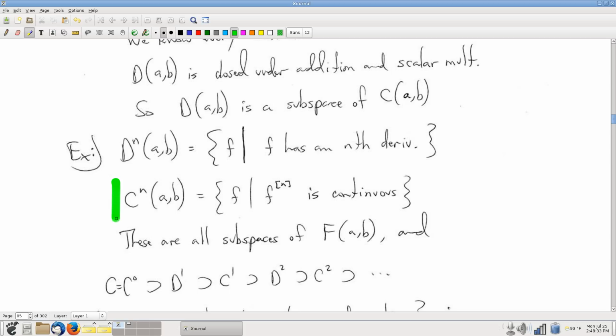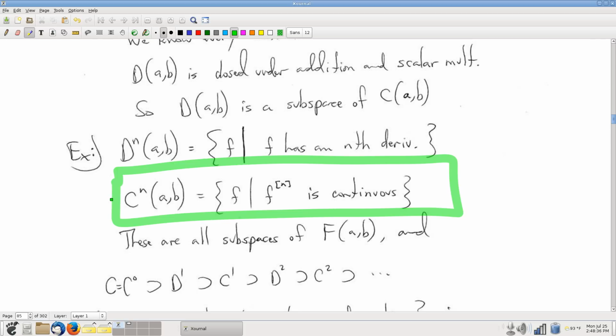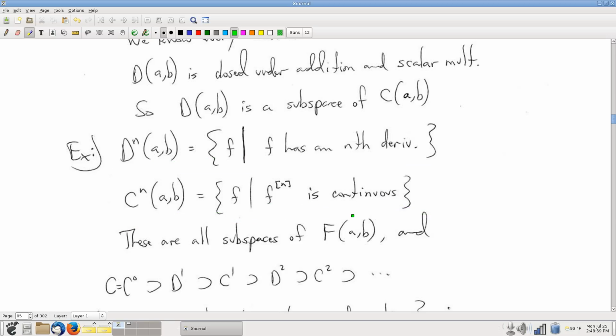Okay. Likewise, this collection of functions that not only have an nth derivative, but where that nth derivative is continuous. And that's a slightly stronger requirement. It is not the case that just because a function has a derivative, that derivative is necessarily continuous. It's a little bit stronger of a requirement.